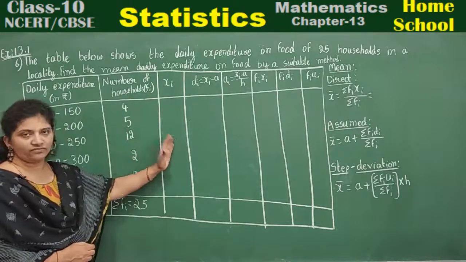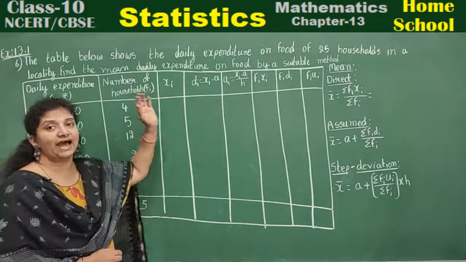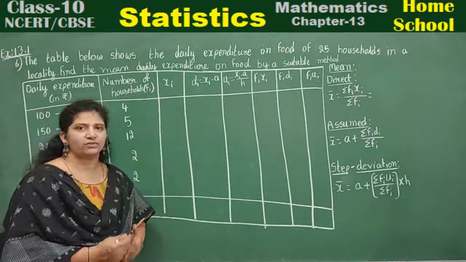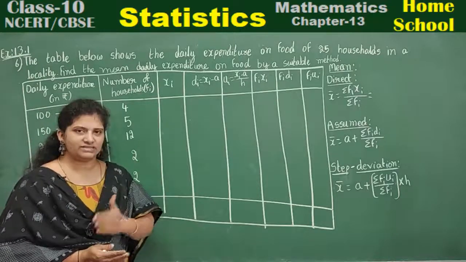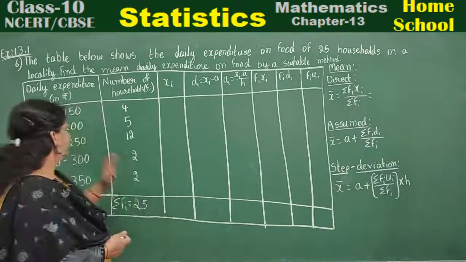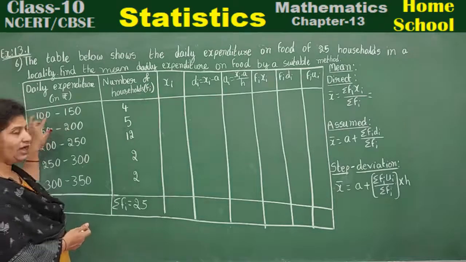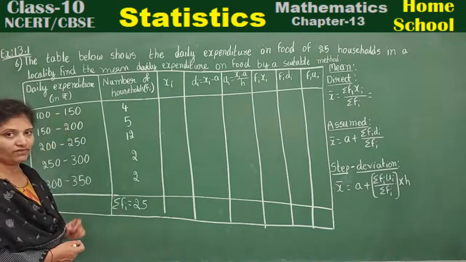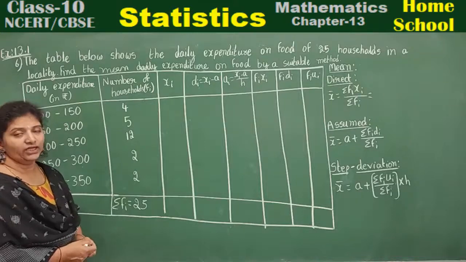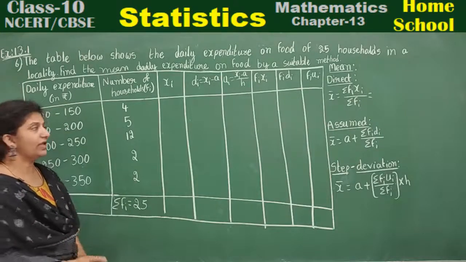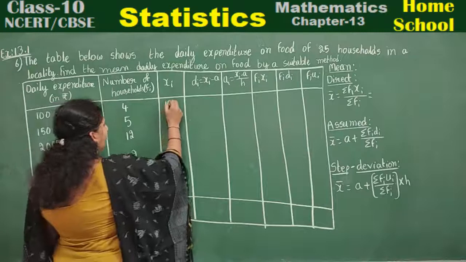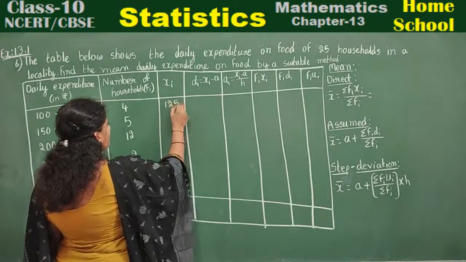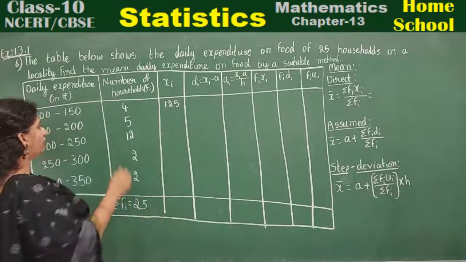Now, in the first column, find the score or class mark. Class mark is equal to lower limit plus upper limit by 2. Lower limit 100, upper limit 150. 100 plus 150 is 250. 250 by 2 is 125. If you want, you can check it.